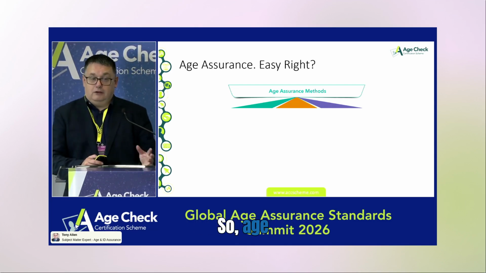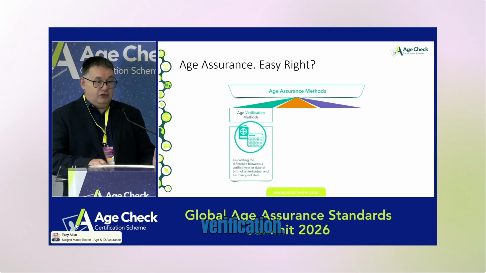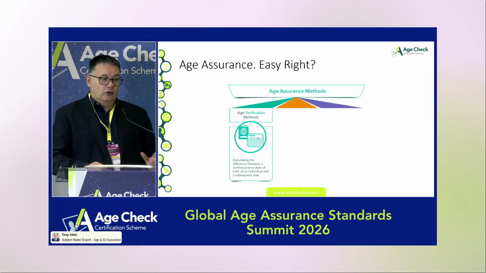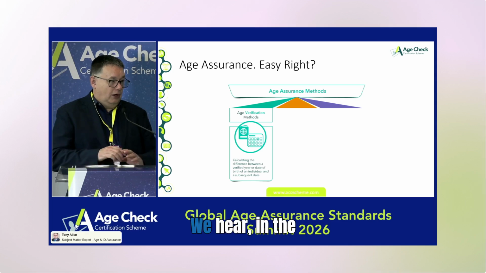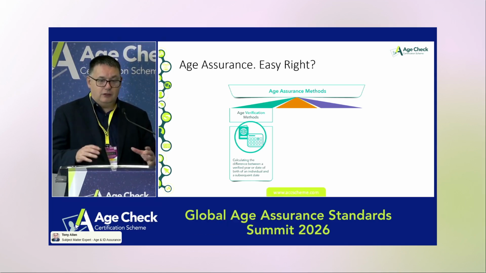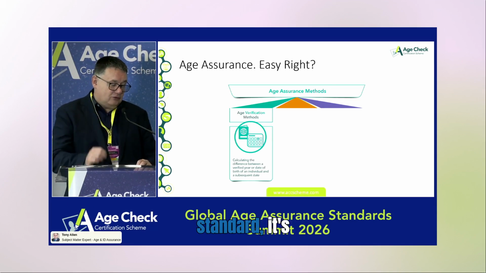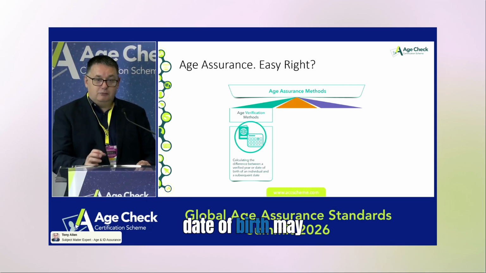So age assurance is easy, right? You've got three options. Age verification is always about finding somebody's date of birth. In the past, age verification referred to all sorts of other things as well. In this case, in the international standard, it's about finding someone's date of birth, wherever that date of birth may be.